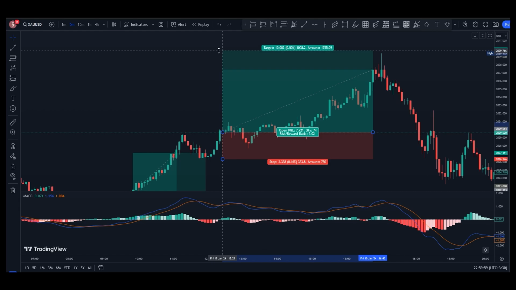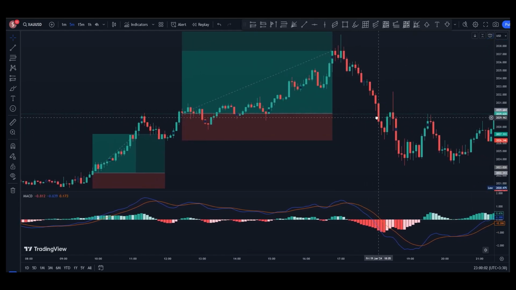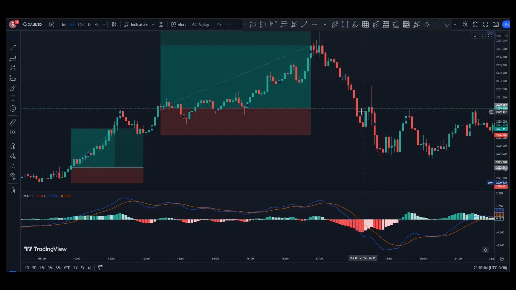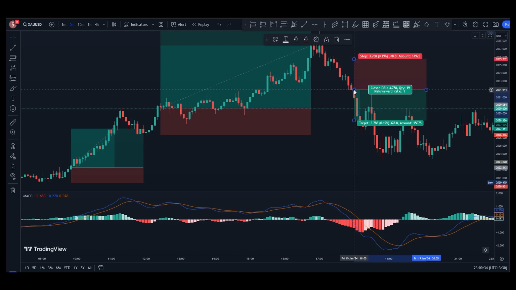or 3. Well, let's go here, and you can see you have to enter for short if the signal line is above the MACD line, and if the MACD line goes down across the histogram middle line, you can enter the short on this candle, for example here.